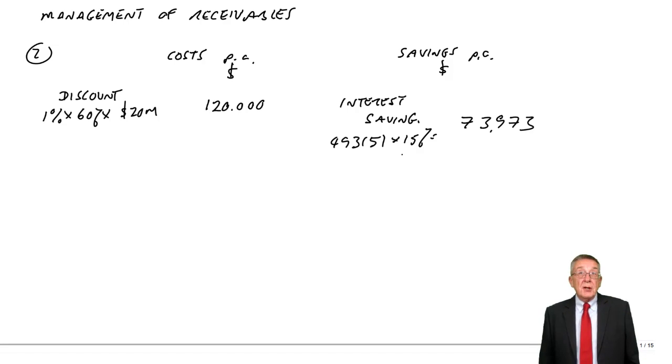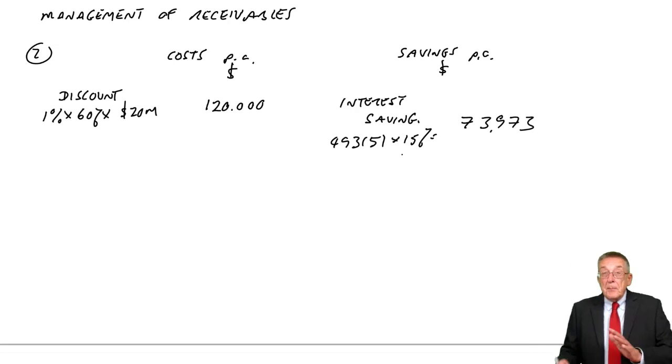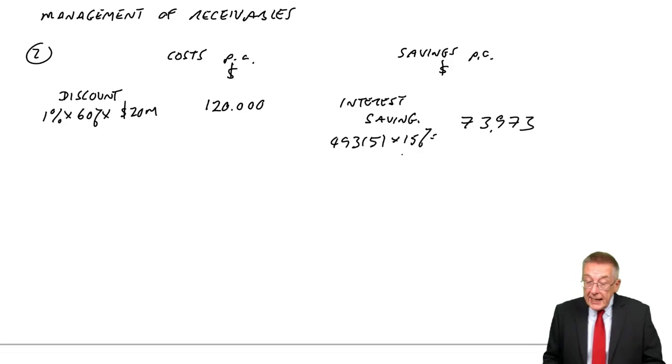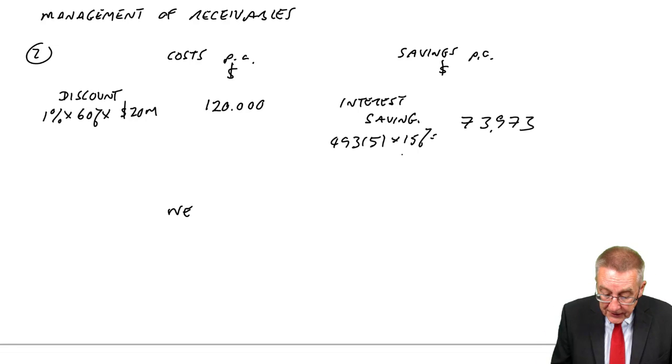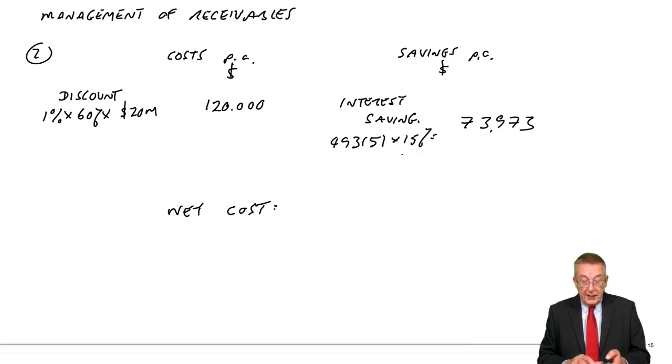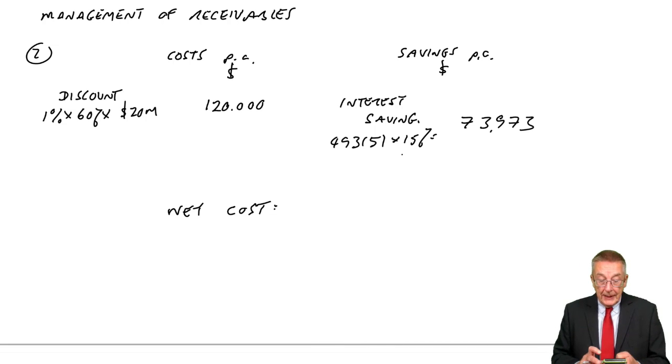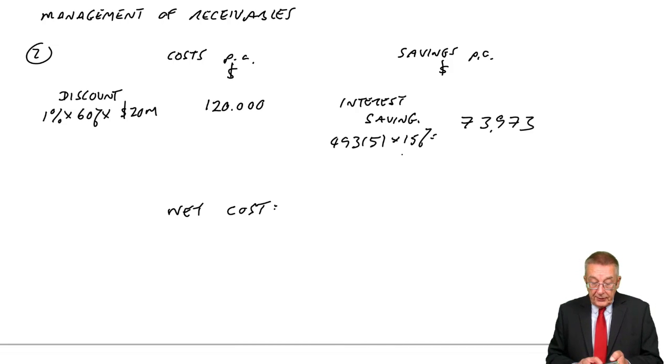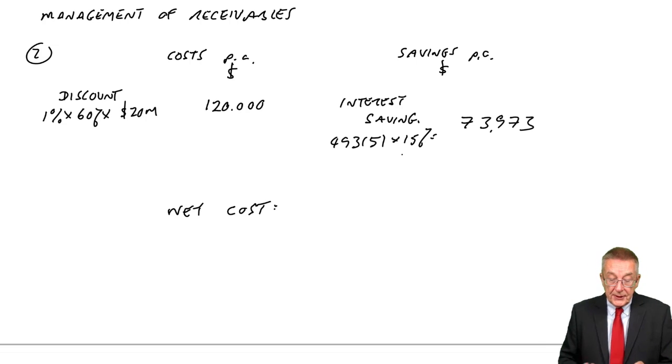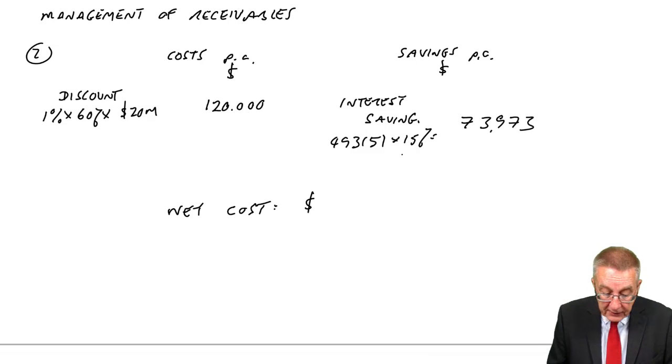And now the decision's obvious. Compare the two. Here, there's a net cost of the difference. It's costing 120,000 to give the discount. We're saving 73,973 interest. So a net cost of 46,027.